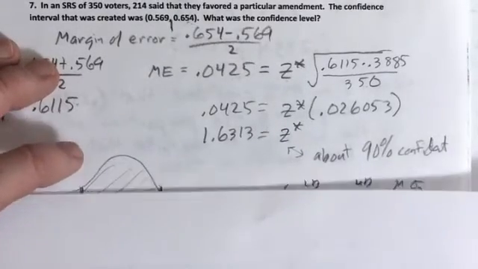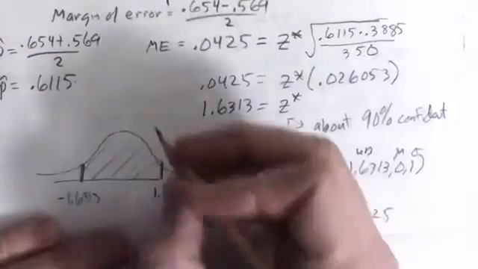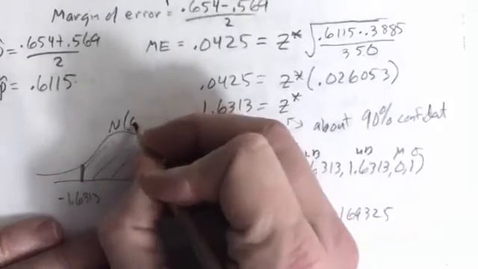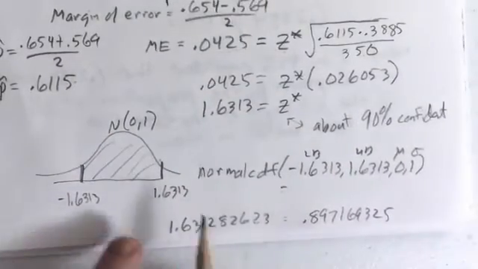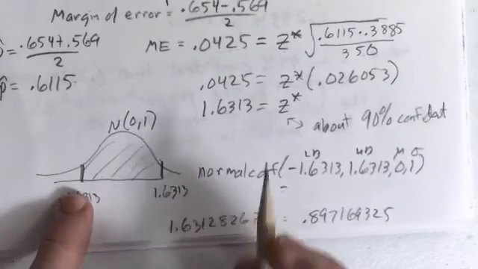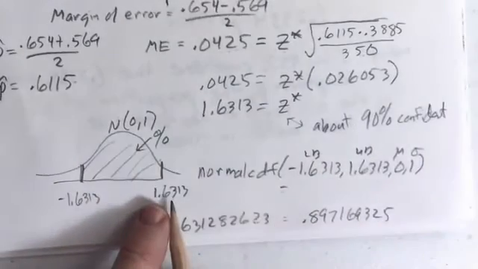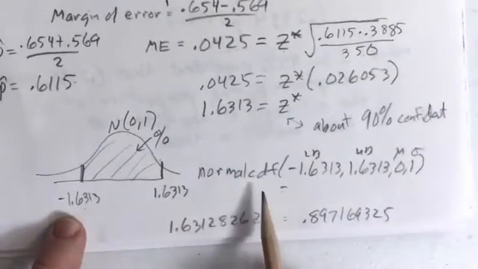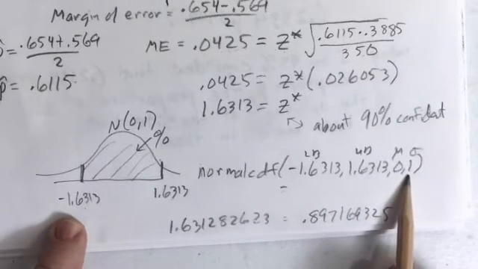The other thing you could do is, in essence, use normal CDF. This is the standard normal curve, mean of 0, standard deviation of 1, to find a more exact value. Z star is how far out on the standard normal curve we're going, and we need to know the percent that is between our minus Z star and our Z star. So we could do normal CDF in our calculator, with mean of 0 and standard deviation of 1.